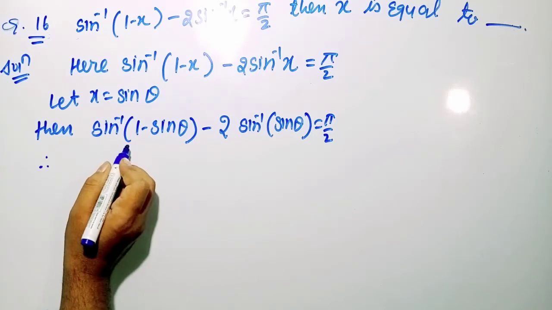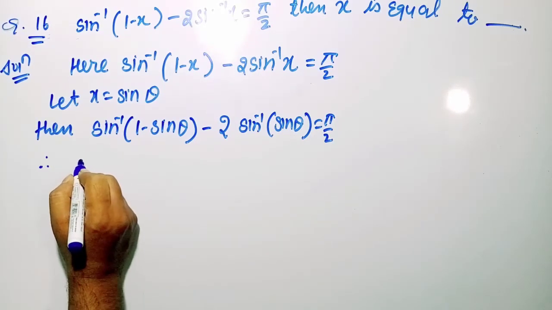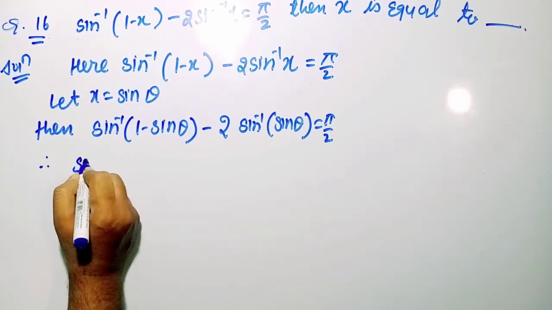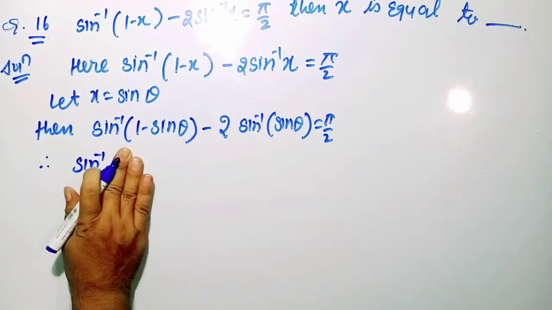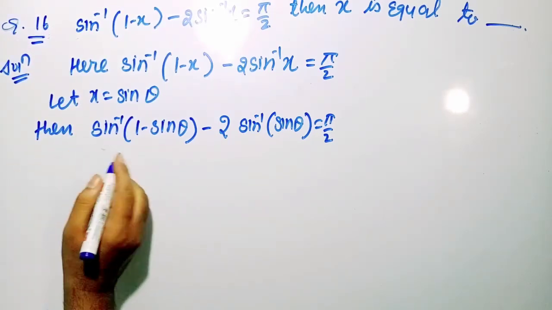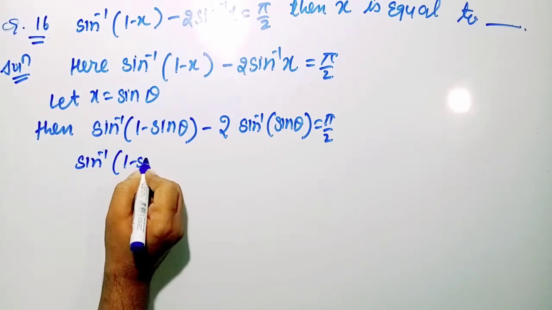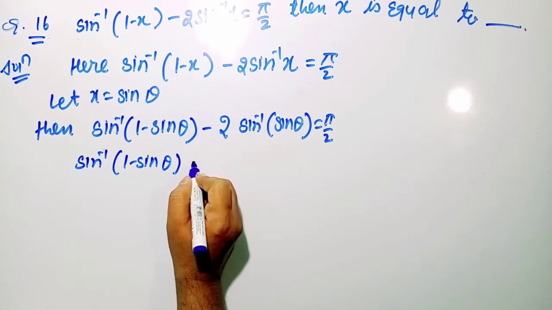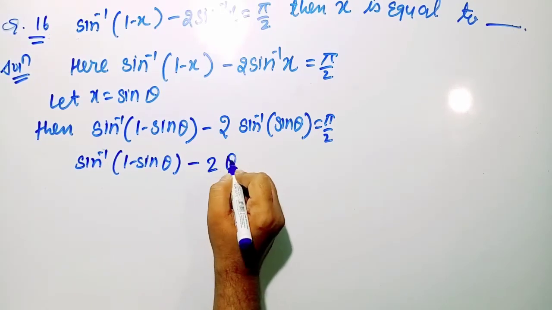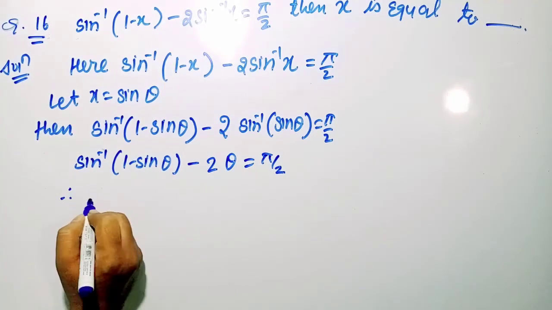So students, just writing the same value over here, right? What we will write? Sin inverse (1 minus sin theta) minus 2 sin inverse sin theta; sin inverse sin will be cancelled, so we are getting 2 theta, equal to pi by 2.